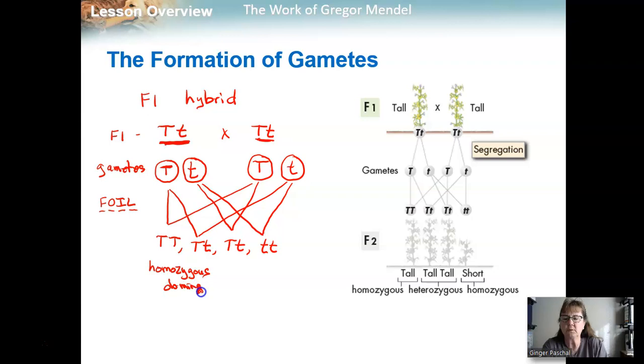And that is this one plant. We have these 2 plants that are heterozygous. And we have this one plant that is homozygous recessive.